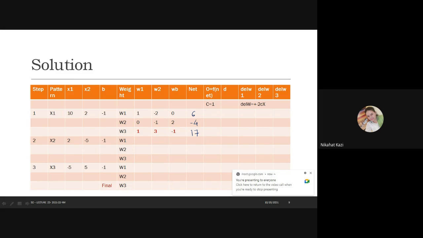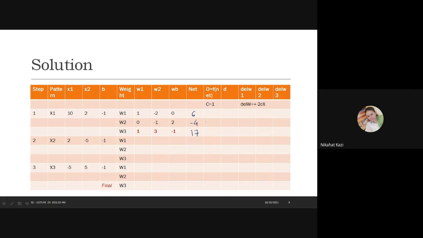Now you are assuming c is equal to 1. Since we are using bipolar binary, the output will be either +1 or -1. What is the output in this case?